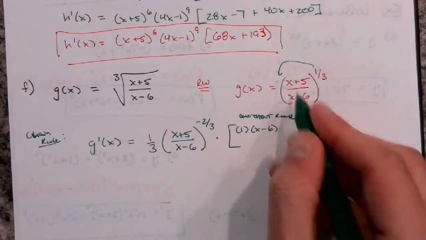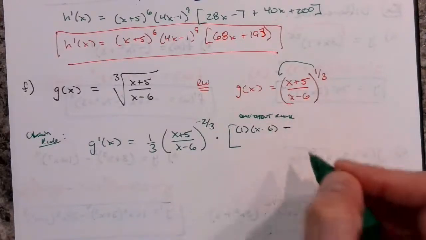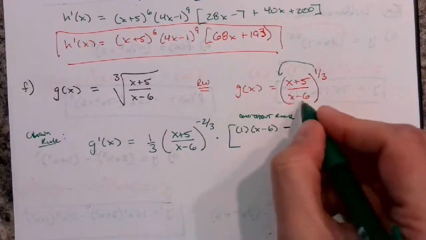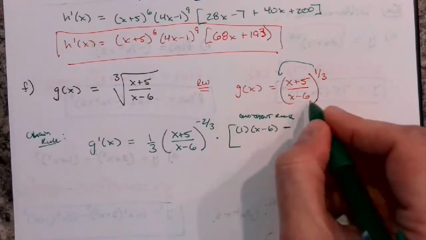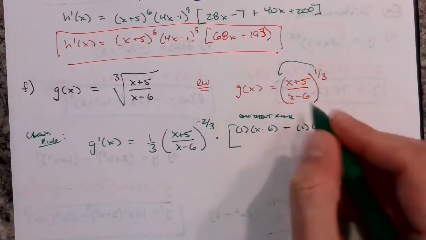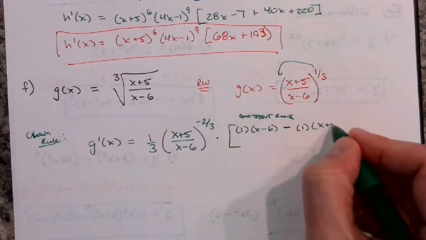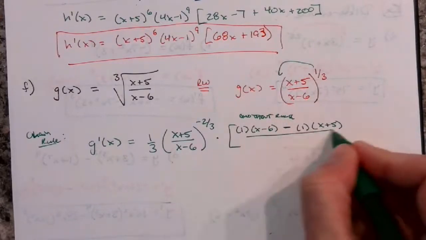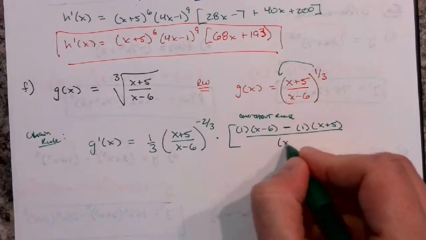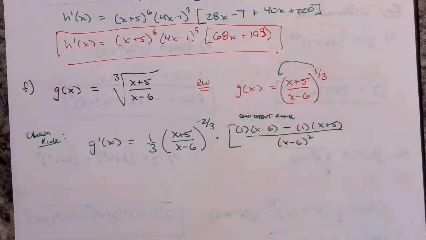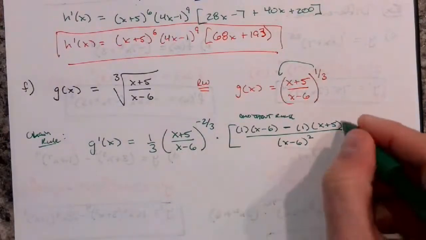So the derivative of the top times the bottom, minus, make sure you put minus there, the derivative of the bottom, the derivative of x minus 6 is just 1, times the top, the numerator, which is x plus 5, and you put this all over the denominator squared, so it's x minus 6, the quantity squared.